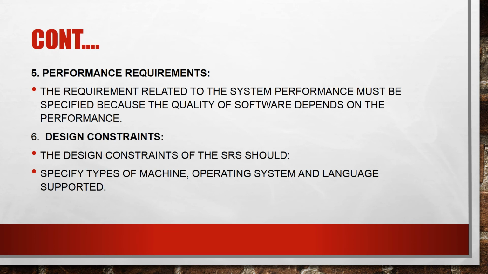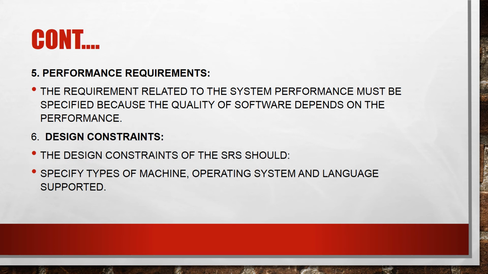Now the next section is the performance requirement section. In this section, all the information regarding the performance of the system, how the system will perform, is mentioned. And all the things like quality, what the response time of the system will be, what the throughput will be.